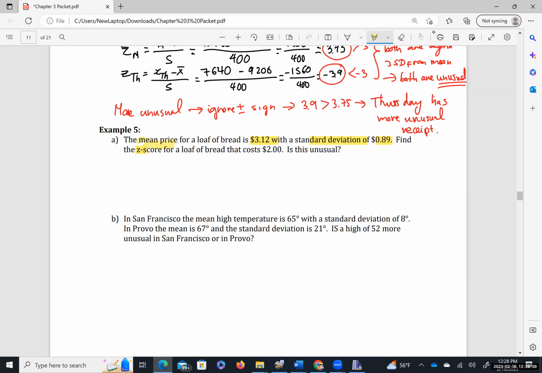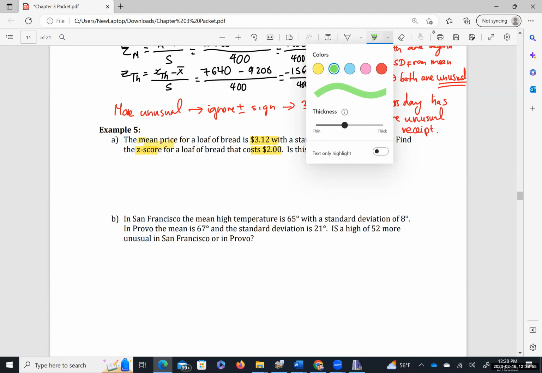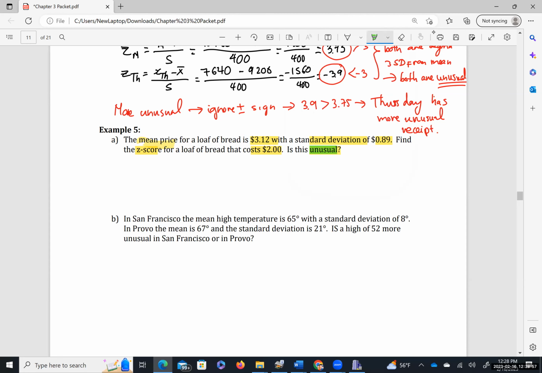Find the z-score of the bread that costs $2, and check if it is unusual. I will ask you to pause my video again, practice on this, and check with my answer, right? Go ahead and pause this.